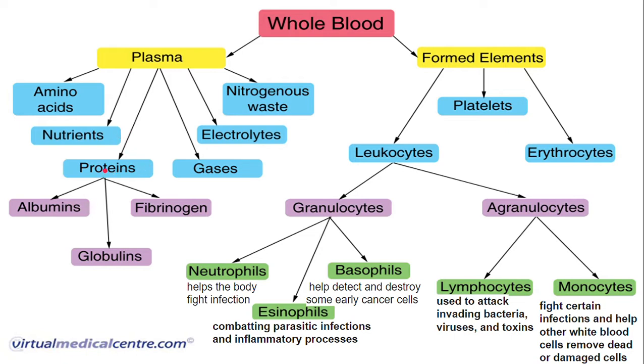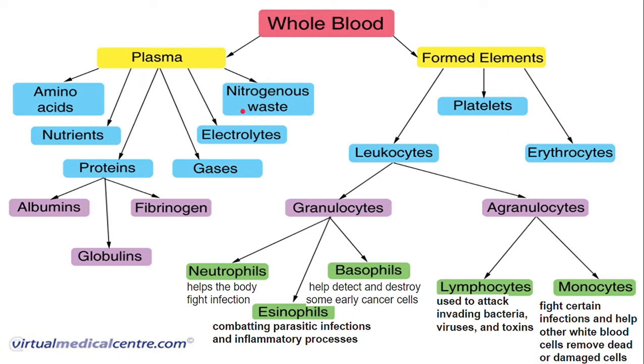Because proteins have their own components as well. Then we have gases such as oxygen and carbon dioxide, and electrolytes such as hydrogen carbonate, calcium and potassium. In nitrogenous waste, in birds we have uric acid, and in humans and animals we have urea.